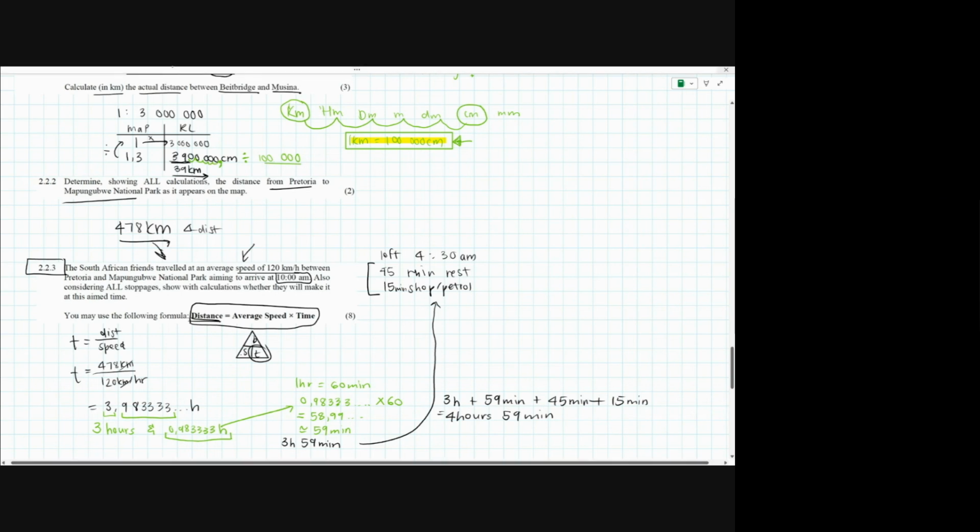Now, remember we said that they left at 4:30 and they want to get there by 10.